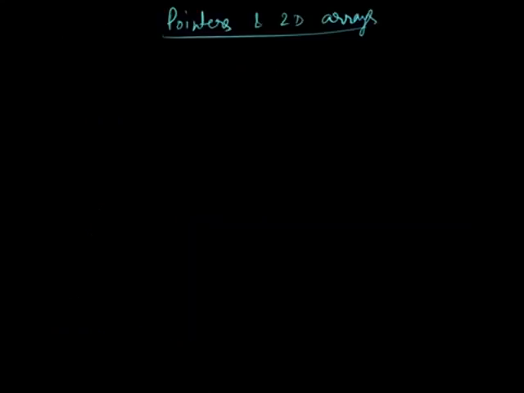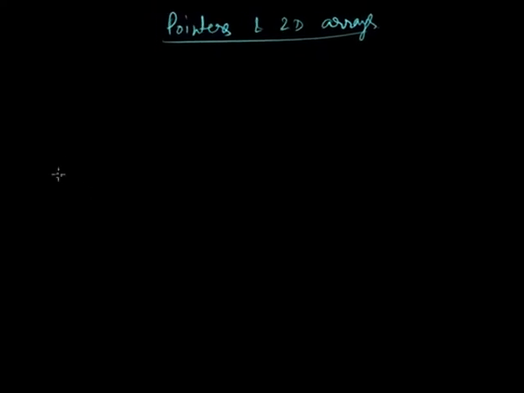Okay, it's the time to learn about pointers in association with 2D arrays. Now what we learnt in 1D arrays is that if we have an array of 5 elements, A will give the base address.